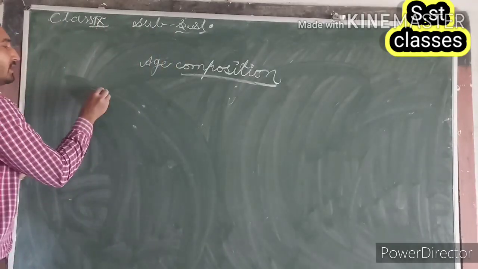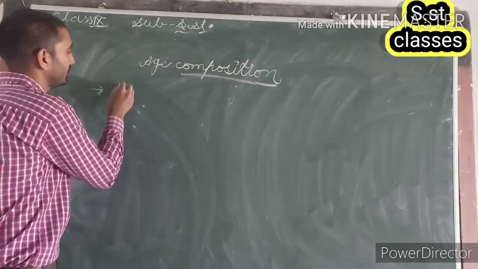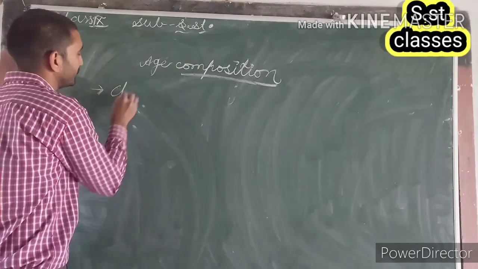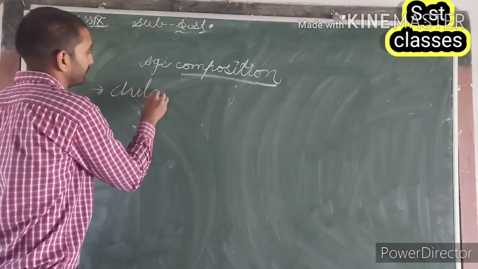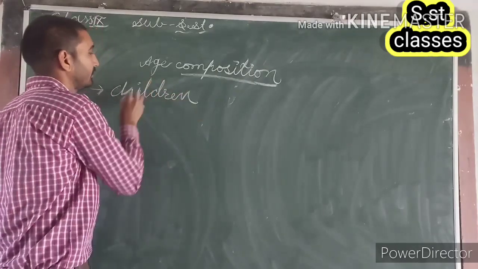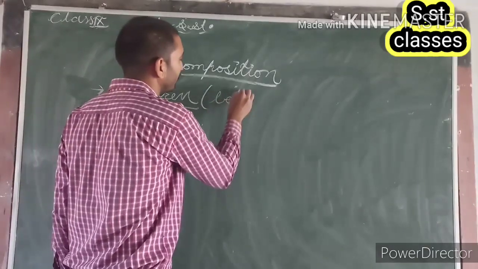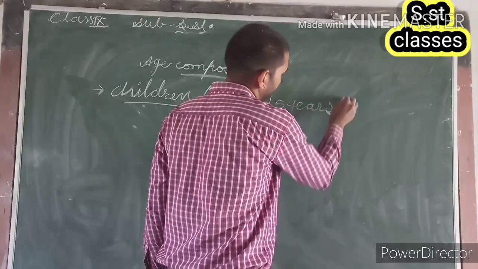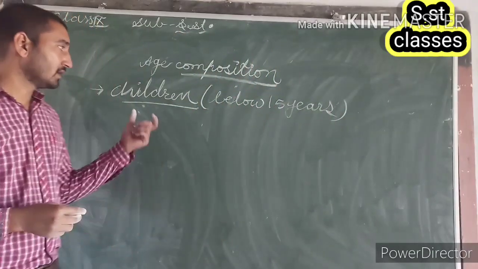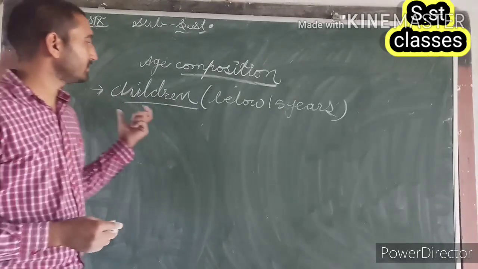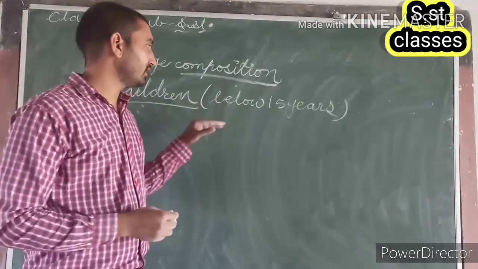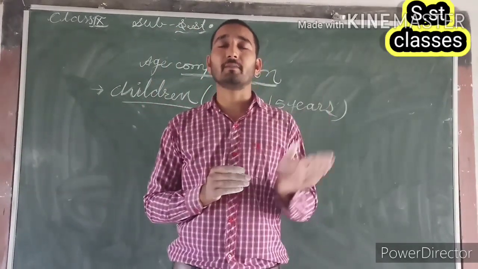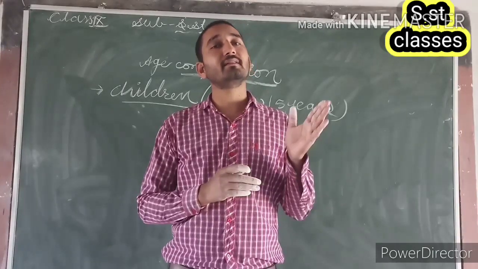There are three categories of age composition. First of all, children. The first category of age composition is related with children, meaning below 15 years of age. Children is generally the age group below 15 years of age, and this age group is unproductive, and along with that they are dependent.